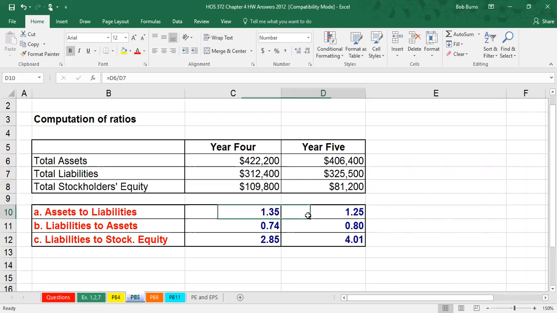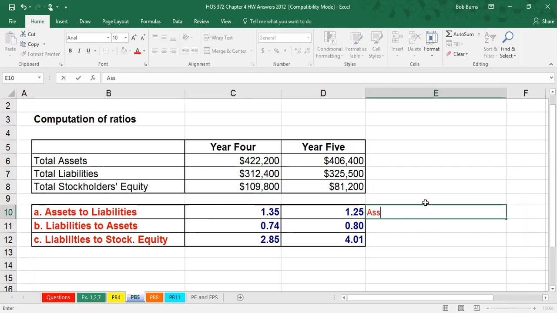So for example, both of these assets to liabilities are the same setup. This one was total assets divided by total liabilities, and this one was total assets divided by total liabilities. That's how we got 1.35 and 1.25. So instead of just saying, okay, we got the number, let's move on to part B, over here on the side, you want to make a note: assets to liabilities equals total assets divided by total liabilities.